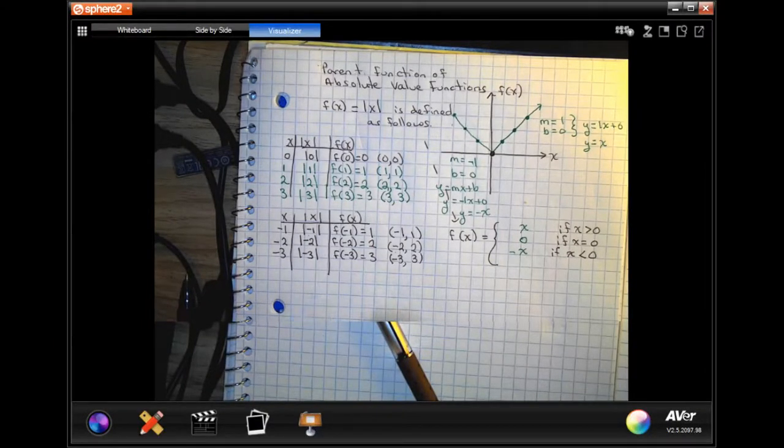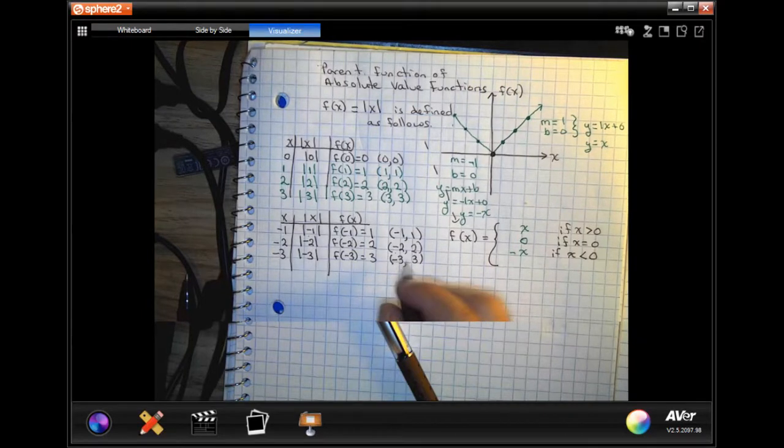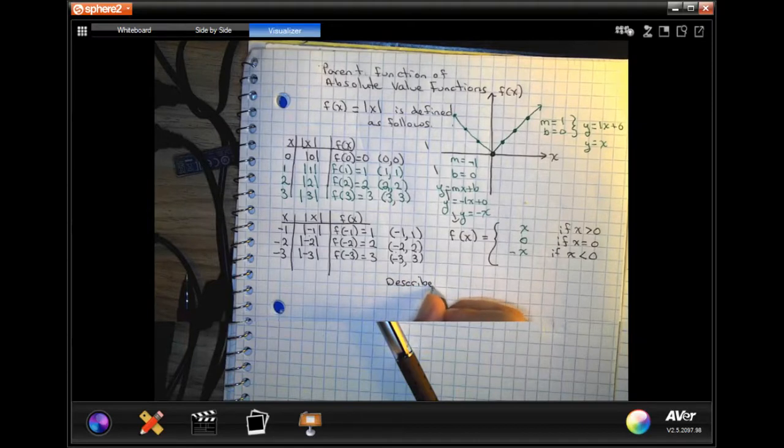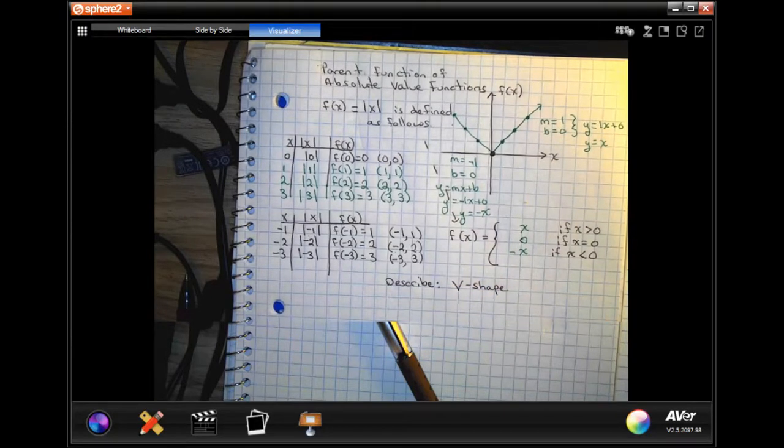How can we describe this function? It's a v-shape. And let's look at all the possible x values, or the domain.